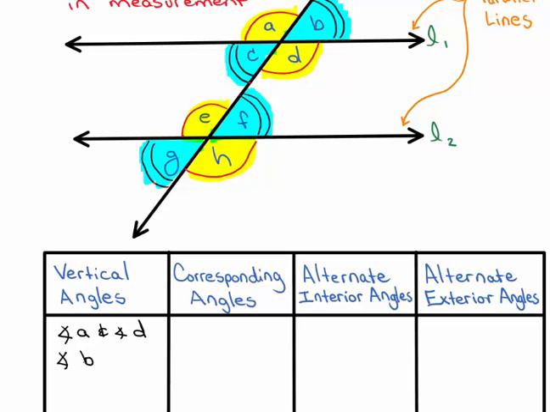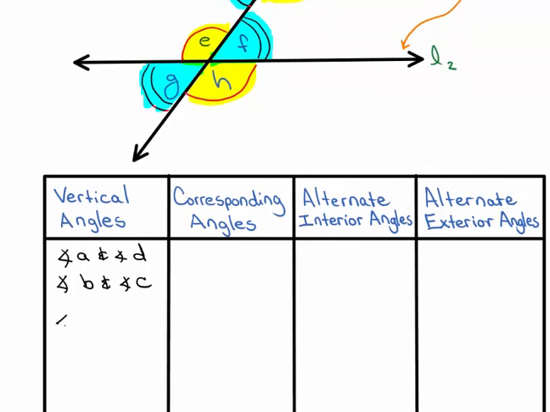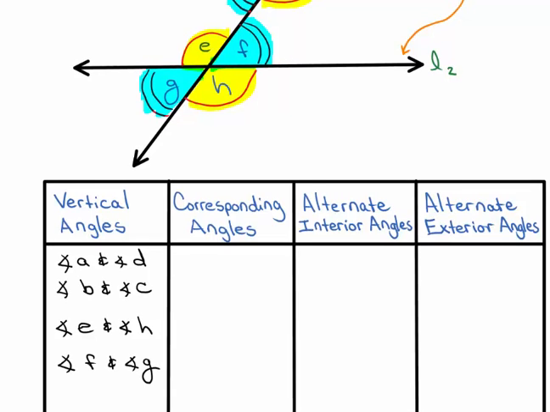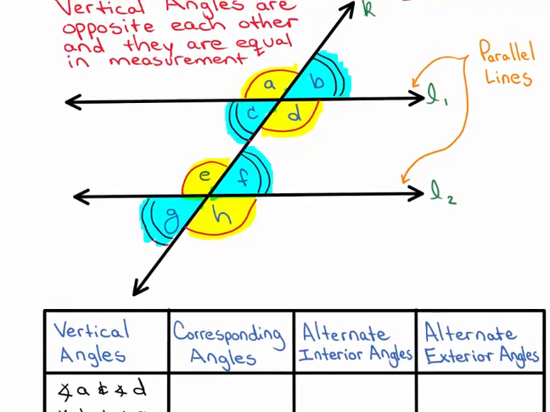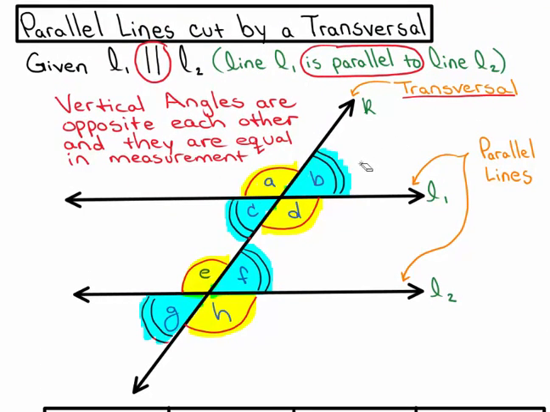Angle B and angle C are vertical angles. Angle E and angle H are vertical angles. And angle F and angle G are vertical angles. Okay, I'm going to go here and I'm going to erase everything I shaded right here.